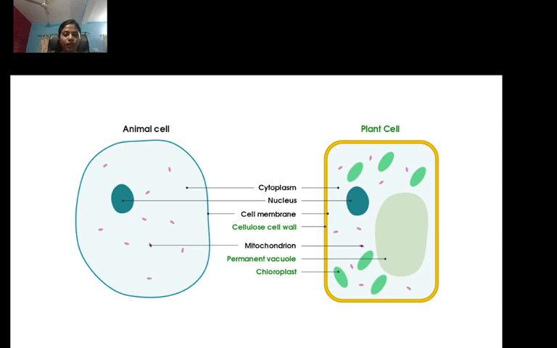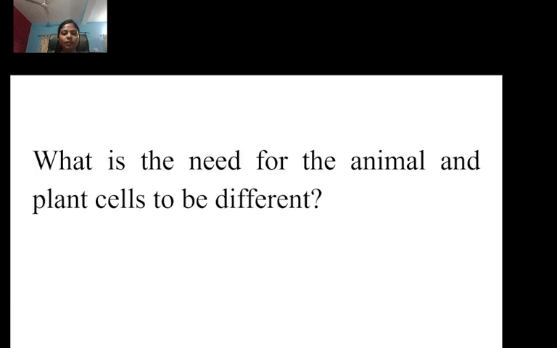Then mitochondria is there, permanent vacuole is there, chloroplast is there. And I know you must have in your mind whether vacuole is there in animal cell or not. It is there, student. Vacuole is there, but very, very small amount, okay? But in plant cells, big vacuole is present. And chloroplast is absent in animal cells, and in plant cells chloroplast is present. You must have studied in class 6 about all these differences, right? Yes. Now let's move further.